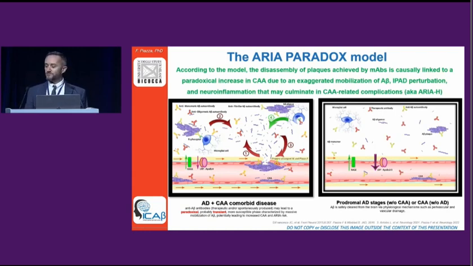And it is also very interesting that yesterday we learned that the soluble TREM2 monoclonal antibody has exactly the same rate of ARIA as all the other monoclonal antibodies targeting beta amyloid.